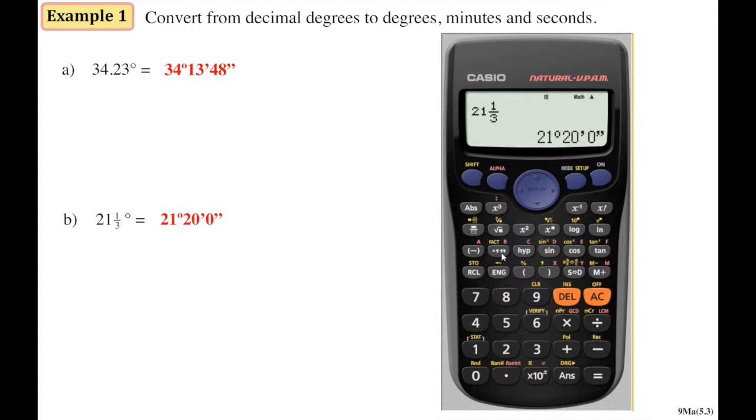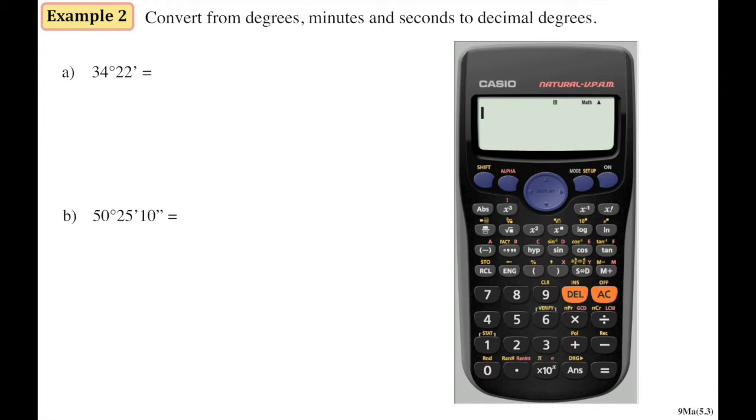If you keep hitting it, it toggles between degrees mode using decimal degrees and degrees mode using degrees, minutes and seconds. So 21 1/3 degrees is 21 degrees, 20 minutes and 0 seconds, which actually makes sense because a third of an hour is 20 minutes, if you actually were aware of that.